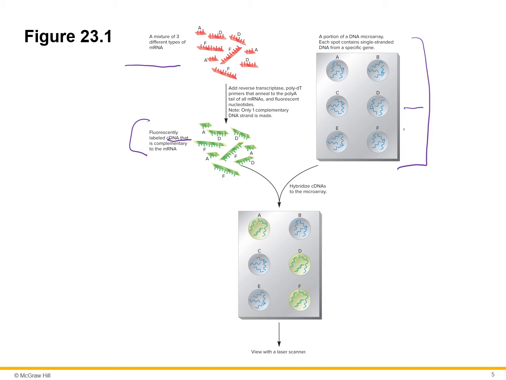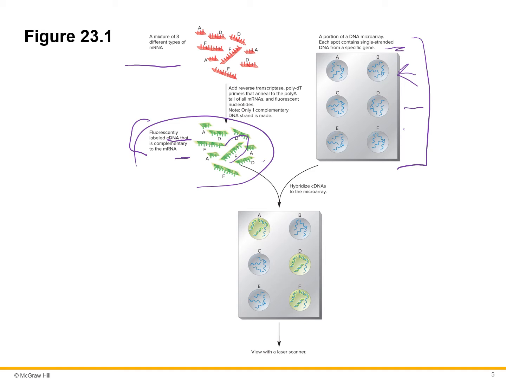So then you hybridize your microarray with your cDNAs, and they will attach. I should mention that the DNA in the microarrays is single-stranded, and so these are also going to be single-stranded. So they will hybridize together if the other strand is present.